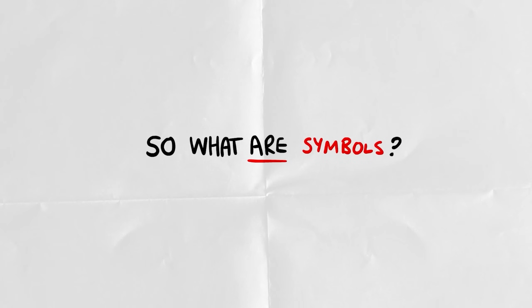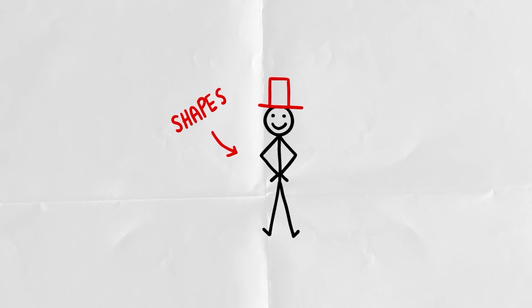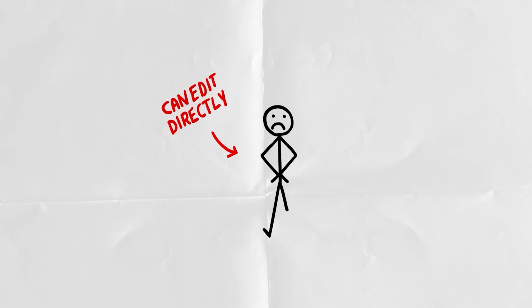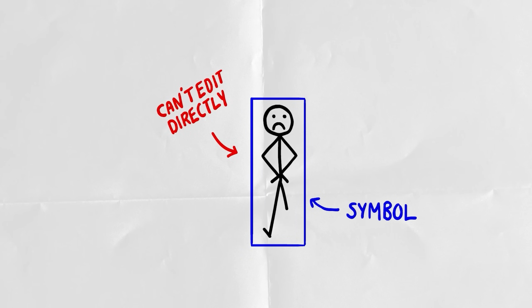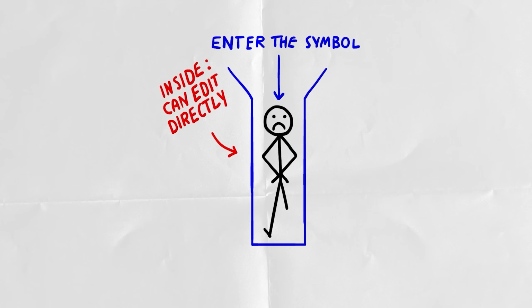So what are symbols? Well, whenever you draw something in Adobe Animate, it's known as a shape, and you're editing it directly. Turning that shape into a symbol, don't worry, we'll get to the how later, takes that shape and wraps it up inside its own container. You then have to enter that container or symbol to continue editing the shape directly. Why is this important? Well, the biggest benefit of this is twofold: nesting and tweening.